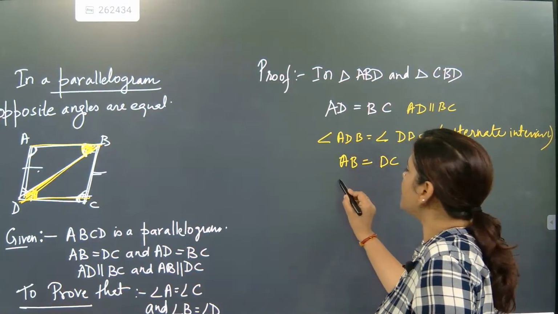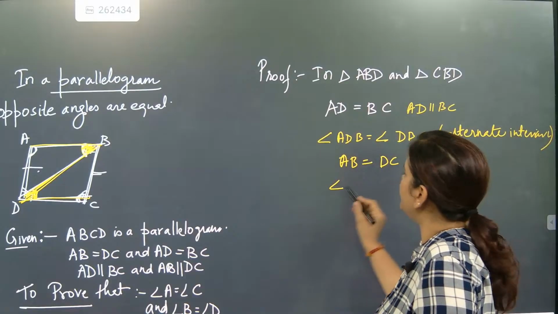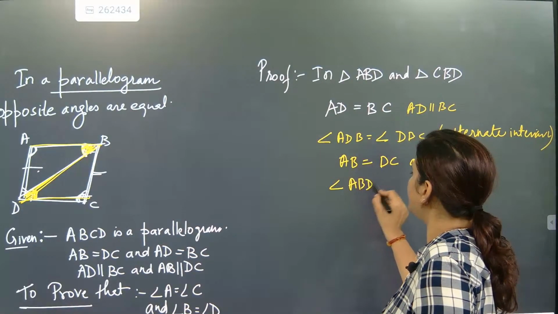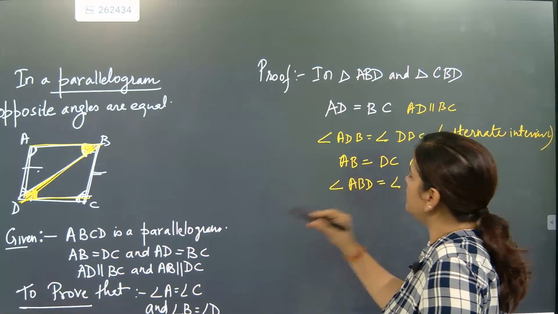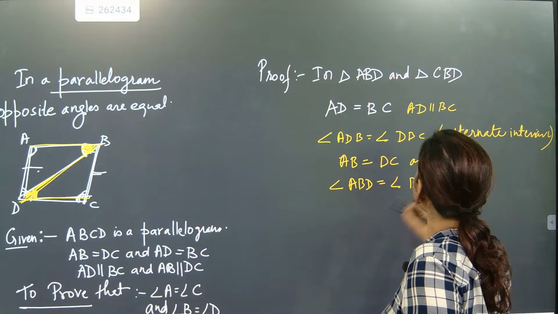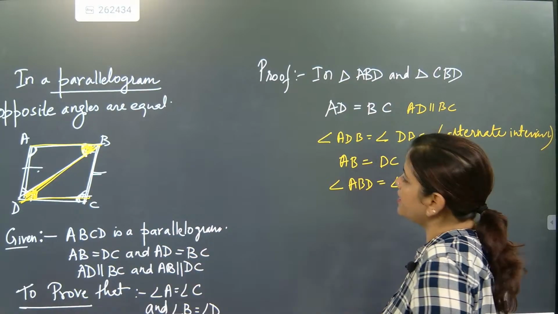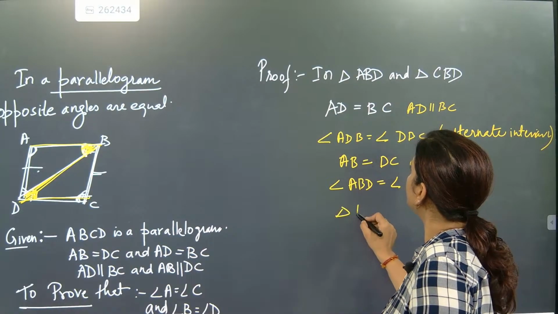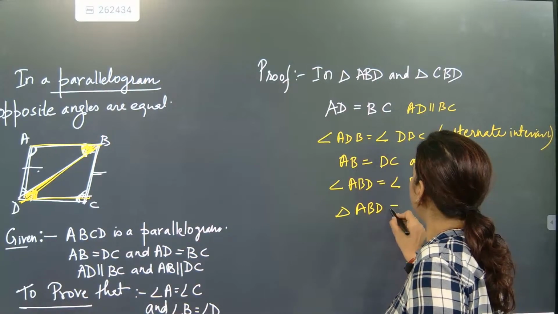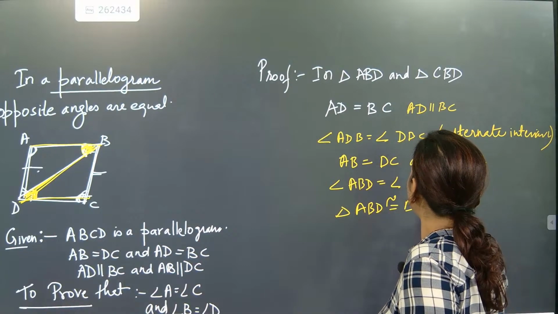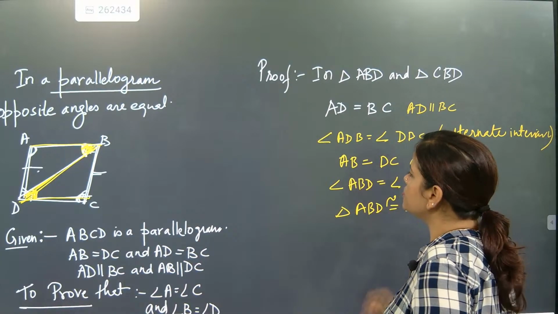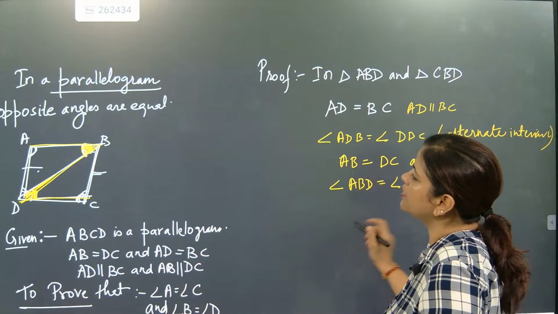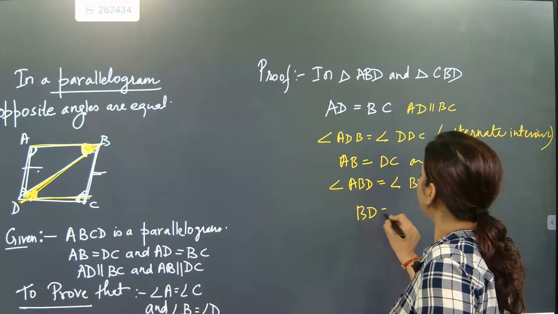So here what will we get, beta? Angle ABD is equal to angle BDC. This is again alternate interior angle. So therefore triangle ABD is congruent to triangle CBD. Understood? And one more thing will be then, BD is equal to DB.